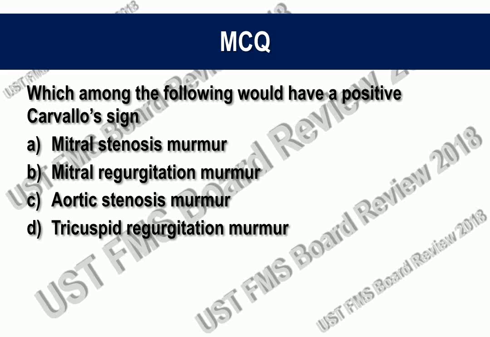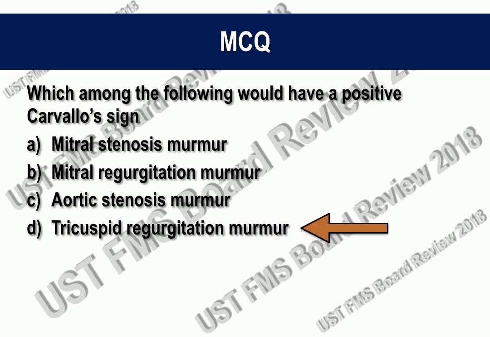So is it a mitral stenosis murmur, mitral regurgitation murmur, aortic stenosis, or tricuspid regurgitation murmur? So Carvallo sign, when it's positive, means that the lesion is a right-sided lesion, because you will have a positive Carvallo sign in murmurs occurring at the right side, and that's because of physiology.